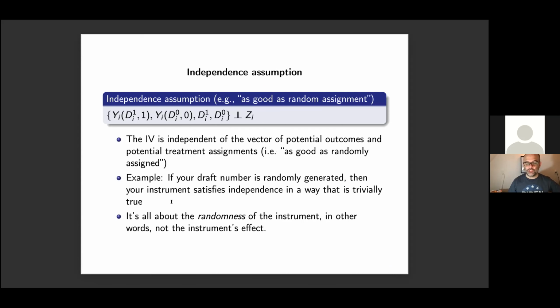Independence assumption, let's just go back here. Look exactly what it means. This is all the notation for it, but here's what it means. If my draft number was generated by a random number generator, then it satisfies independence. Okay, so usually there are 2 ways to test for independence. Ask someone who works at the office that gave you the instrument.